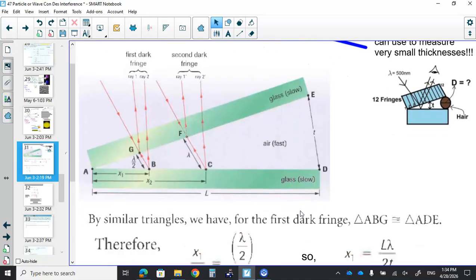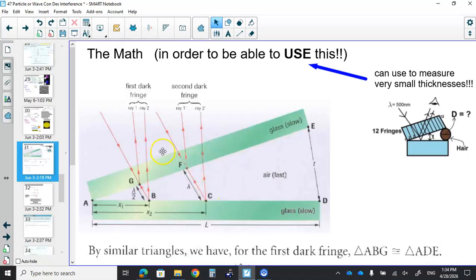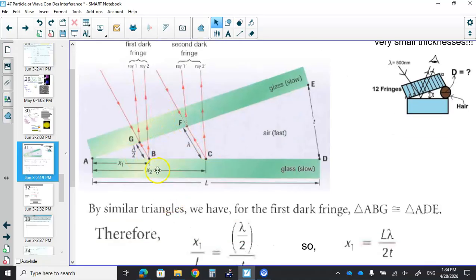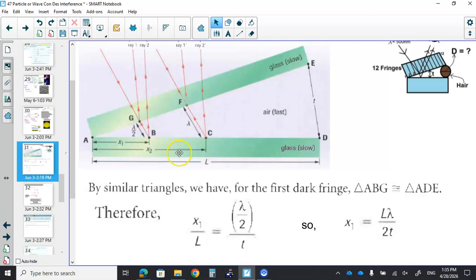In order to be able to do work with this, a little bit of math kicks in here. We've got similar triangles here. Because they share an angle, it's basically the angle similarity from math class. So if you look at this distance over the entire distance, little triangle over biggest triangle, we have the little thickness of the wedge here over the thickness at the edge.